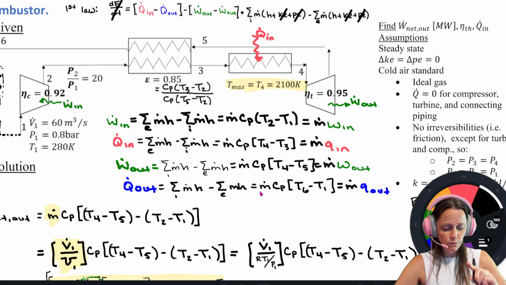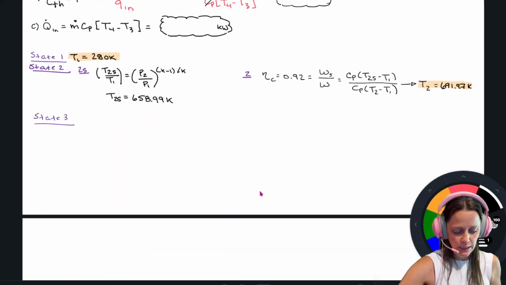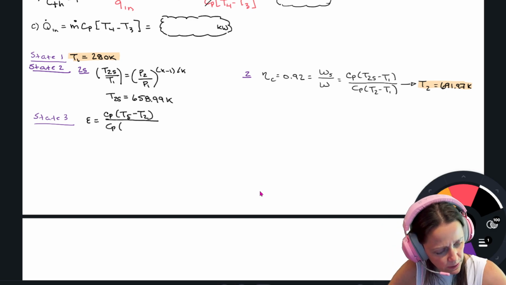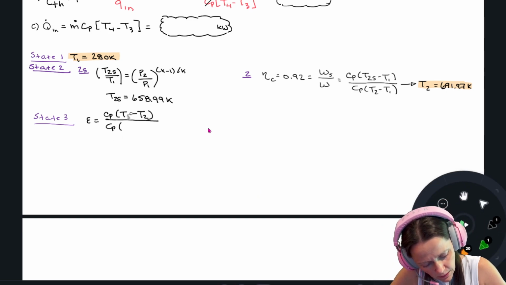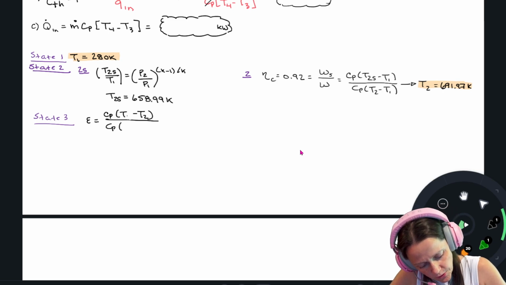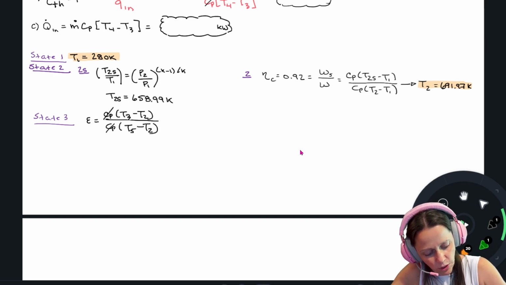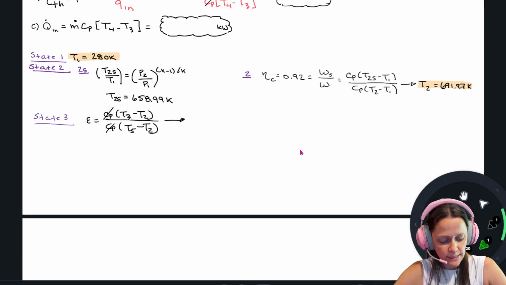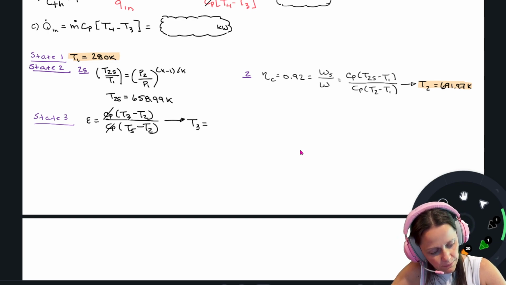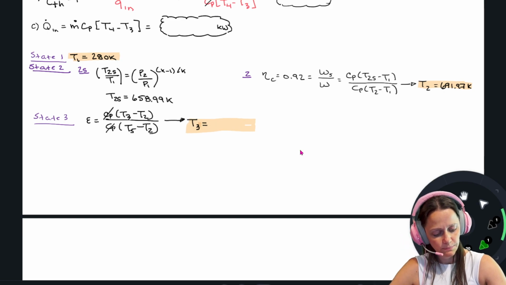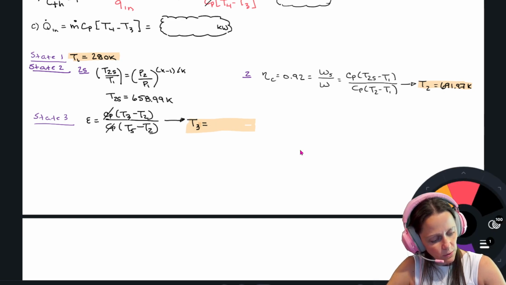Actually, I'm sorry, T5 minus T2 should be on the bottom. So T3 minus T2 over T5 minus T2, and of course those Cps are going to go away. Once I get T5, I'll come back and get T3, and that will go into my governing equations.